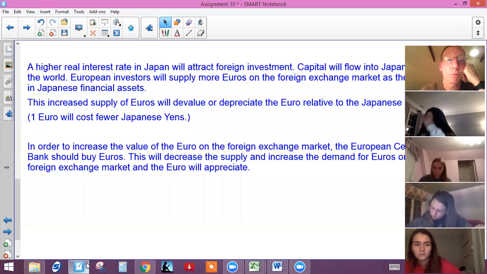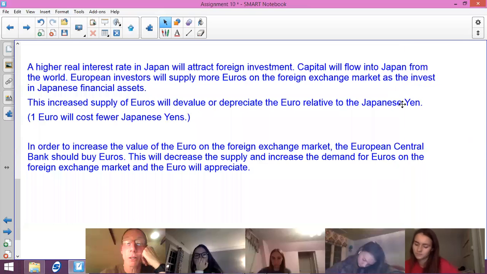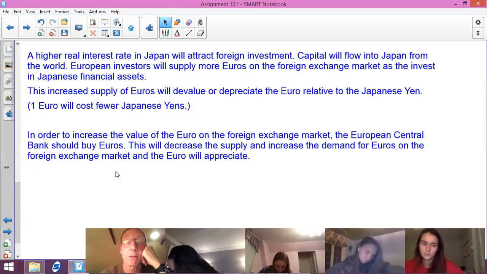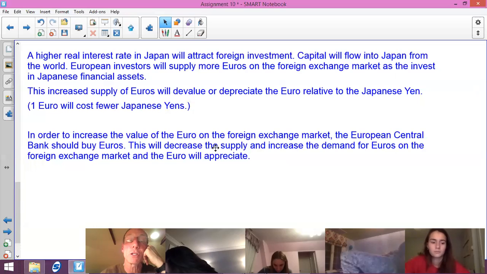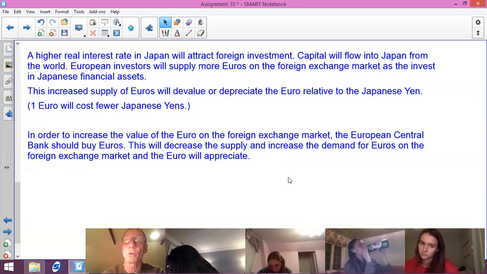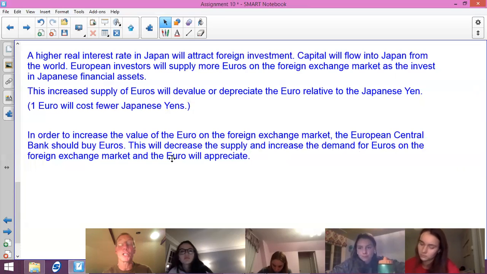Well, the answer is, to increase the value of the euro on the foreign exchange market, the European Central Bank should buy euros. They should take euros out of the market, right? This will decrease the supply and increase the demand. If they're buying them up, it means the demand is going up and supply is going down on the foreign exchange market, and the euro will appreciate.